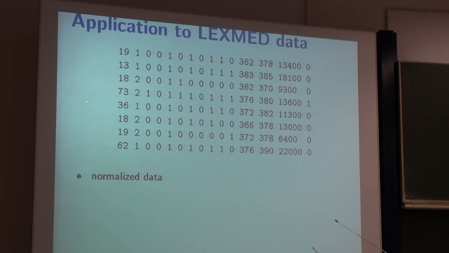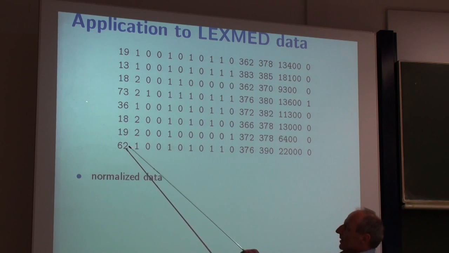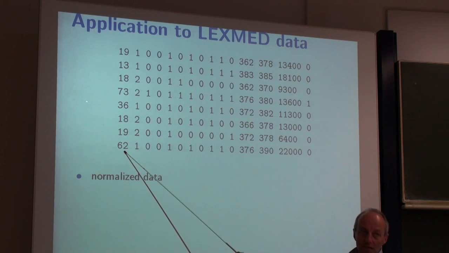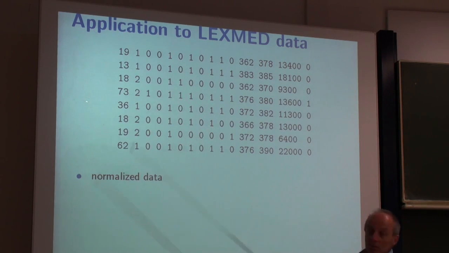And then there is the age, which is the next value with a large variance, because the age varies between something like 3 and 90 years. So the variance of the age also is quite large.